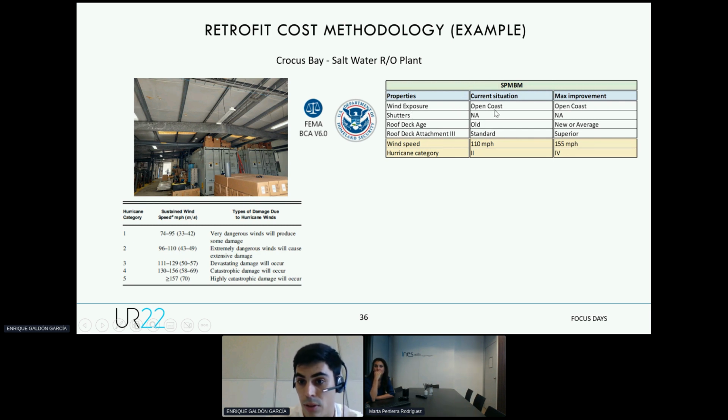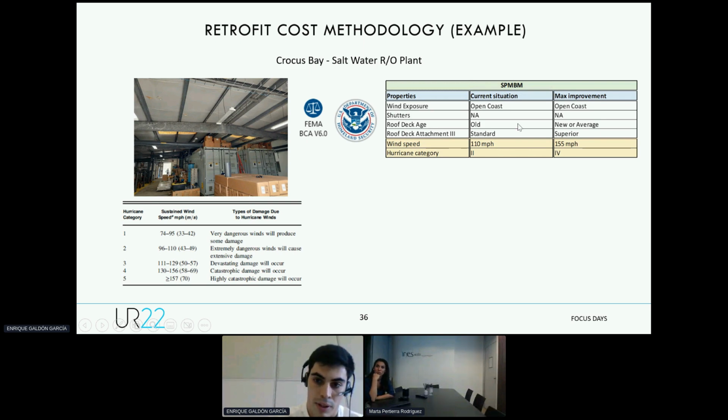In the current situation, the wind exposure is exactly the same, open cost. The shutter is not applied because there are no shutters in this building, but we have the roof deck, which is a normal deck, and the roof deck attachment is a standard attachment. So in this case, we could improve the roof deck and also the roof deck attachment.